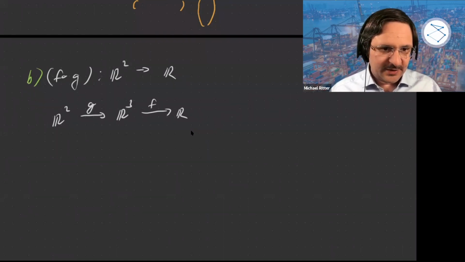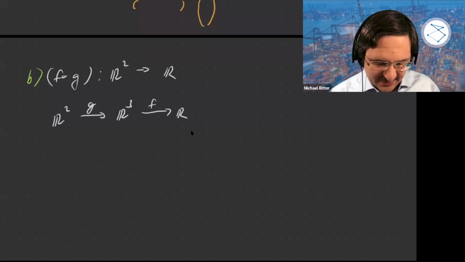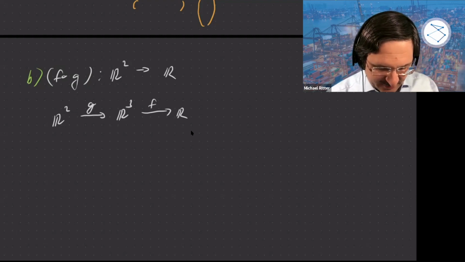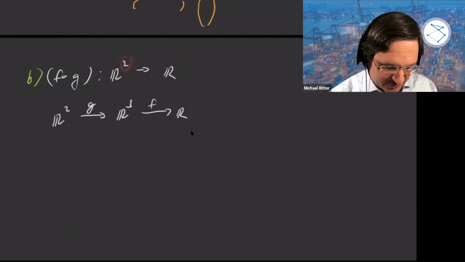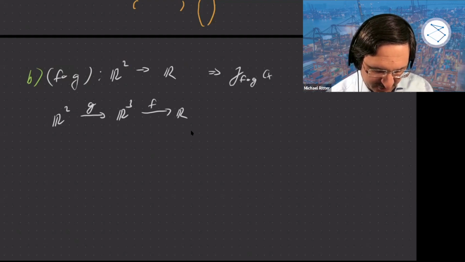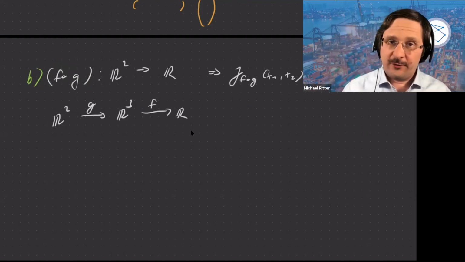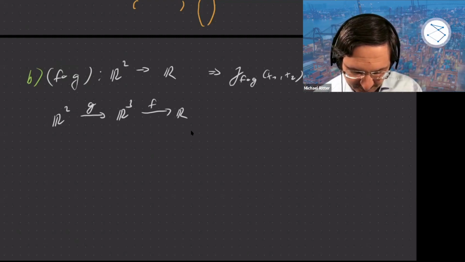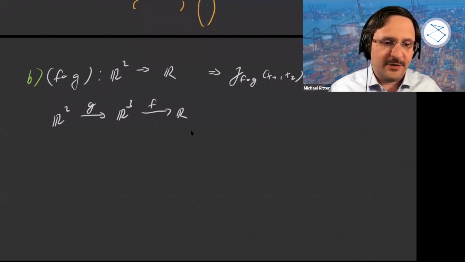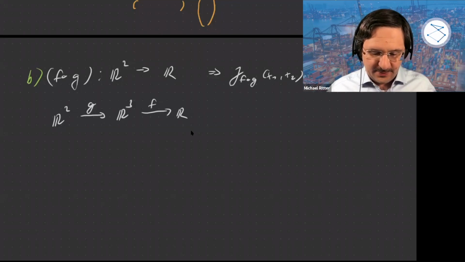The difference is that the output is different in dimension. The output here is 1-dimensional, the input is 2-dimensional. So the Jacobian, the derivative of that function, is going to be a matrix that has 1 row and 2 columns, so a 1x2 matrix.